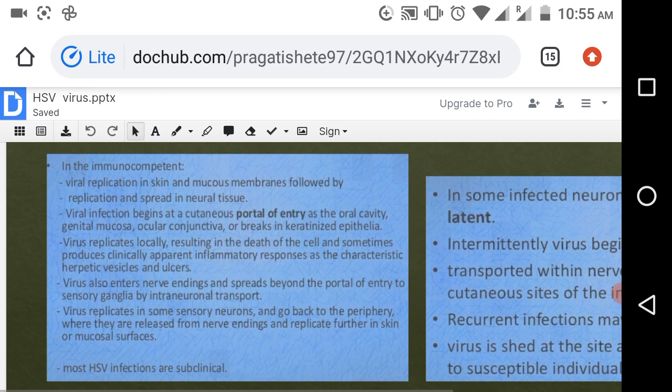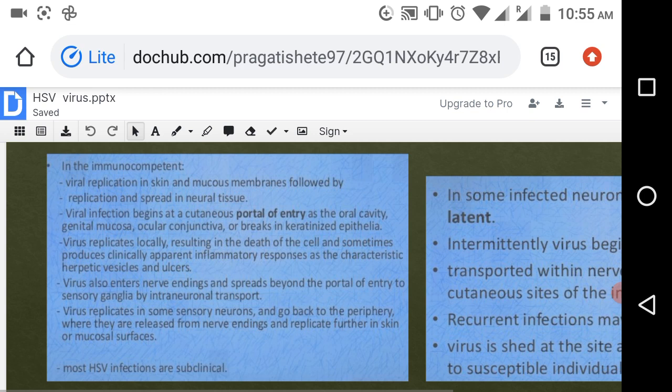In an immunocompetent person, the viral replication will be in the skin and the mucous membrane, which is followed by replication and spread in the neural tissues. The viral infection will begin at the cutaneous portal of entry such as the oral cavity, genital mucosa, ocular conjunctiva, or breaks in the keratinized epithelia. Once HSV enters the immunocompetent person, the viral replication will be in the skin.